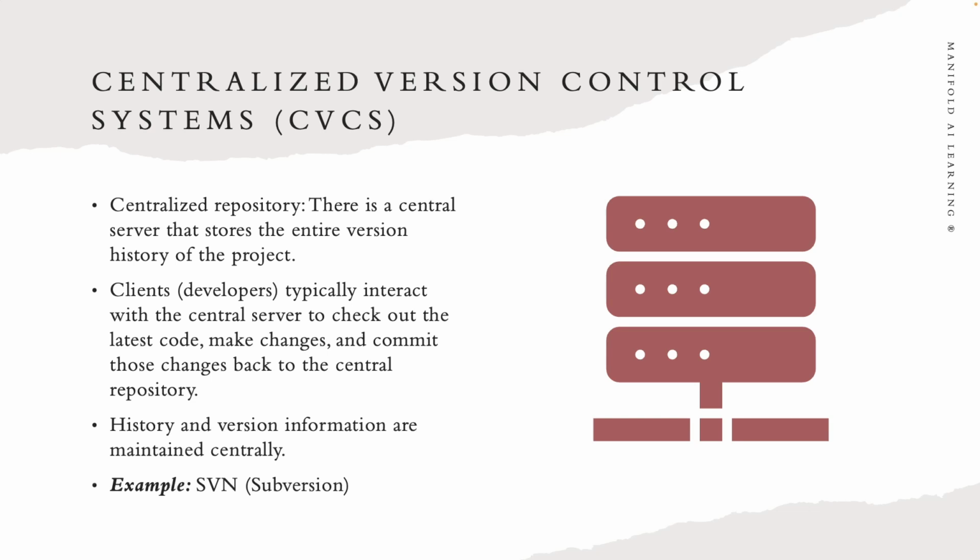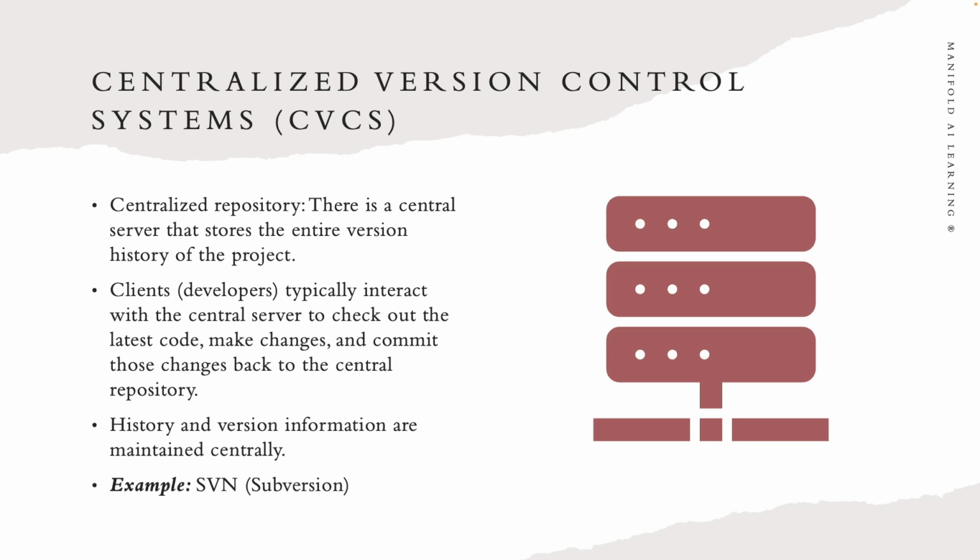Now, depending on the requirement, we have what we call a client. Client is nothing but the developers who will be working on that project file. These clients would generally interact with that central server, and they will check out the latest code. They will make some changes and commit those changes back into the central repository.